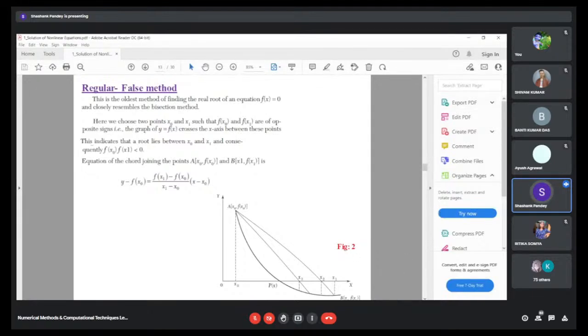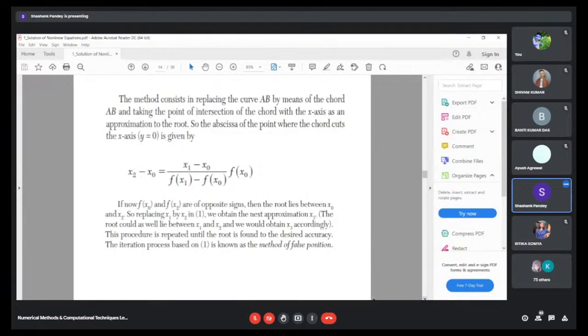So you can see that we have expressed x2 in terms of the known parameters. This method consists of replacing the curve AB by means of a straight line, or in particular a chord, joining the two points A and B.